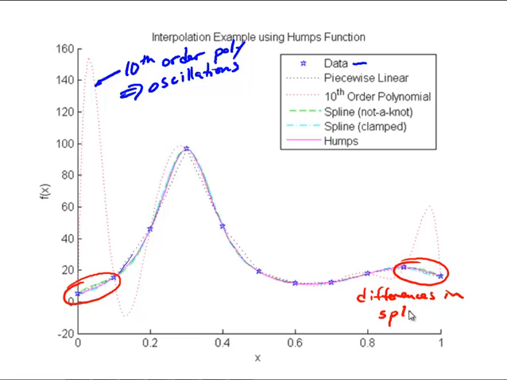That's because the only difference between these two splines, the not-a-knot and the clamped, is those end conditions that were applied to get those last two equations needed to solve for the spline coefficients. So download this M file and play with it in MATLAB and make sure you understand these various interpolation approaches. And that concludes this video.